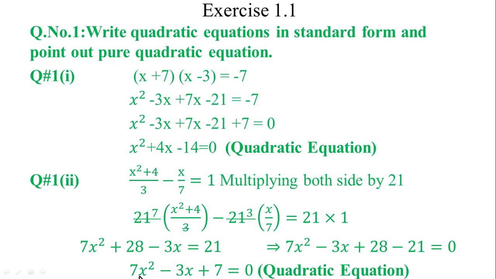Then the final answer is 7x square minus 3x plus 7 is equal to 0. This is called a quadratic equation, also called a general quadratic equation and second degree equation.